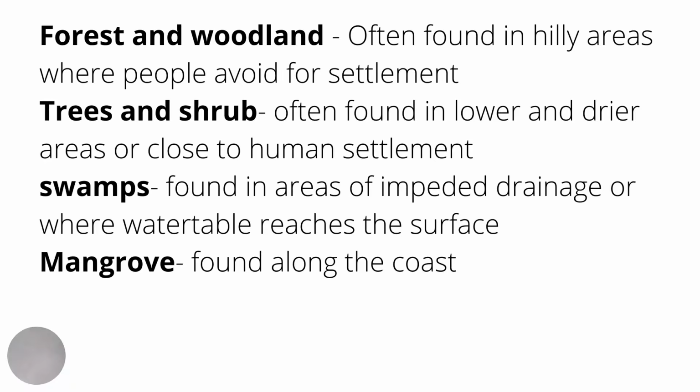All right, so you find that the plants that develop in those areas usually have to develop adaptations to dry conditions. So they tend to be deciduous in nature. They tend to have smaller leaves so that they can reduce the amount of transpiration that takes place. A lot of the times they might have thorns, and they usually have longer roots so that they can tap into the groundwater. All right, so those are some of the differences that you need to understand between the woodland and the forest.